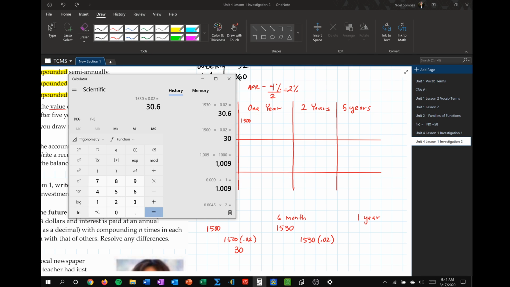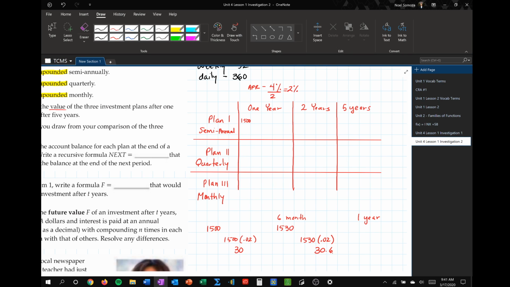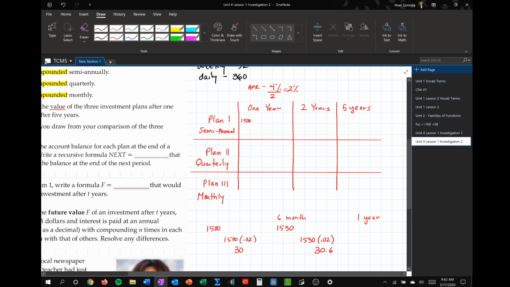That gives you $30.60. It's not much, right? In this case, it's only 60 more cents, but hey, it's better than nothing. So what did you really end up with? At 6 months you had 1,530, and then 2% of 1,530 was 30.60.